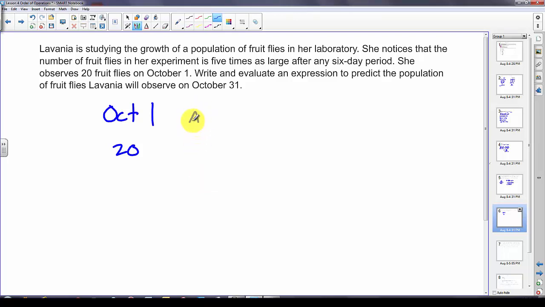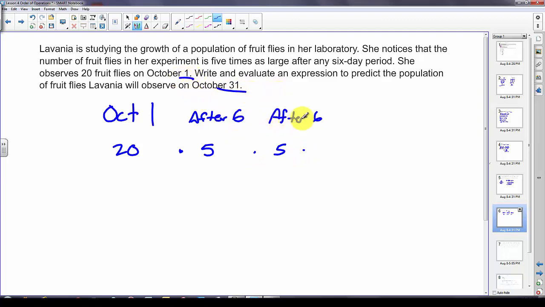Now, she notices after 6 days, it's 5 times larger. So after 6, we multiply by 5. And then after 6 more, we multiply by 5 again, etc., until I get to the 31st.